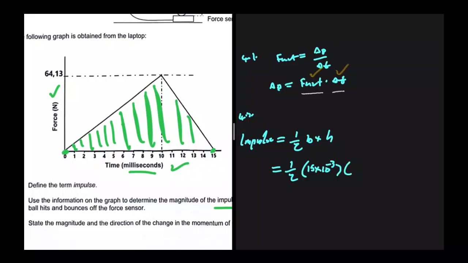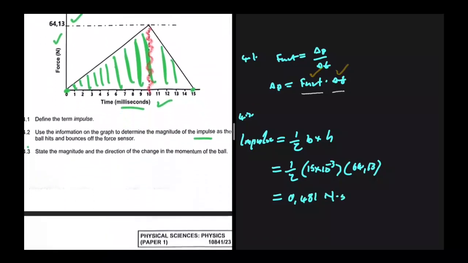Multiply by our height. Our height is right here. We are given the value as 64.13. That is the impulse, half base times height. If you put that in your calculator, you'll get 0.481 newtons multiplied by seconds. That is 4.2, calculating the impulse.